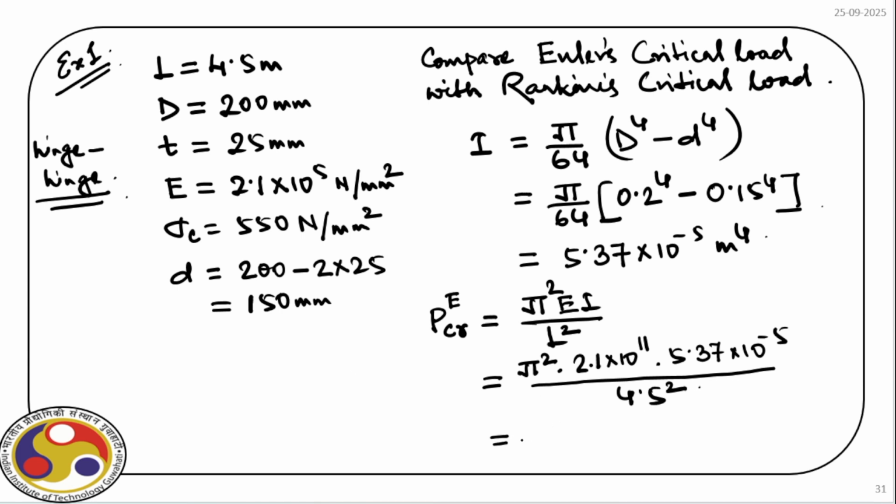Now if you evaluate this, we get 5495 kilonewton. So the first part is evaluated, that is the Euler's critical buckling load.